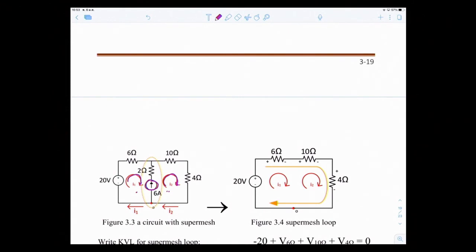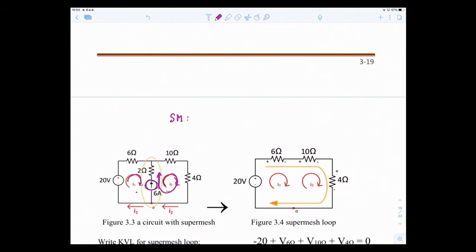From the super mesh in this picture, the information that we can get is, of course, I2 goes in the same direction as the 6 amps. I2 goes like this, so I2 is in the same direction as the current source, 6 amps.